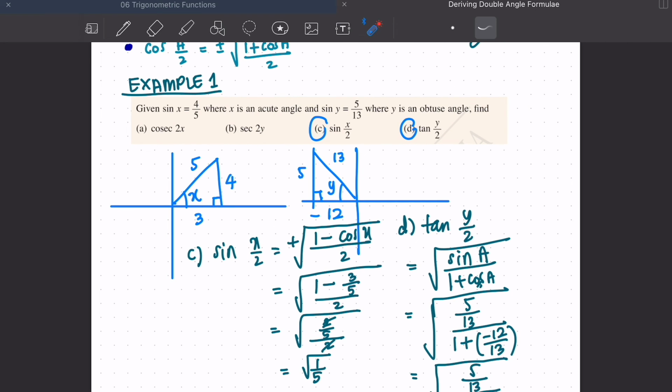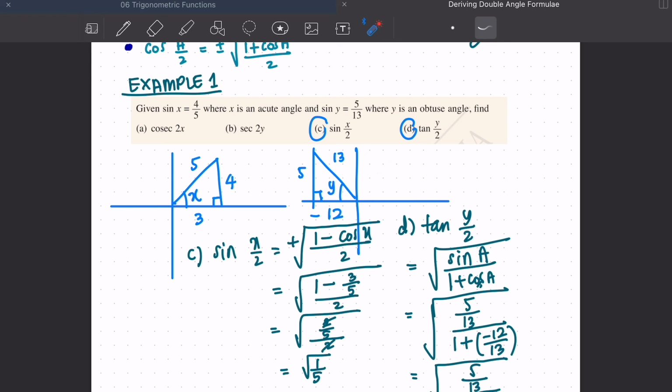But for question D, y over 2, originally y is obtuse, with the reference angle here. Whenever we halve the obtuse angle, the angle will be less than 90, so it must be here.